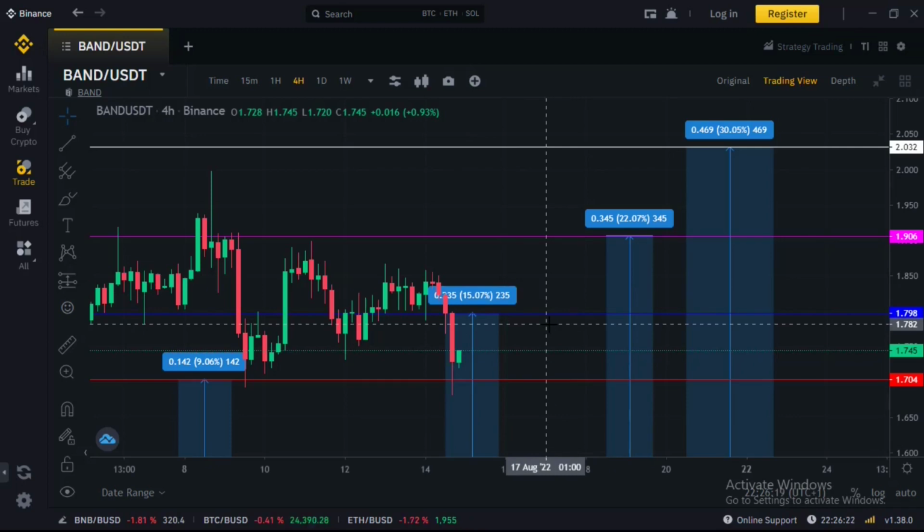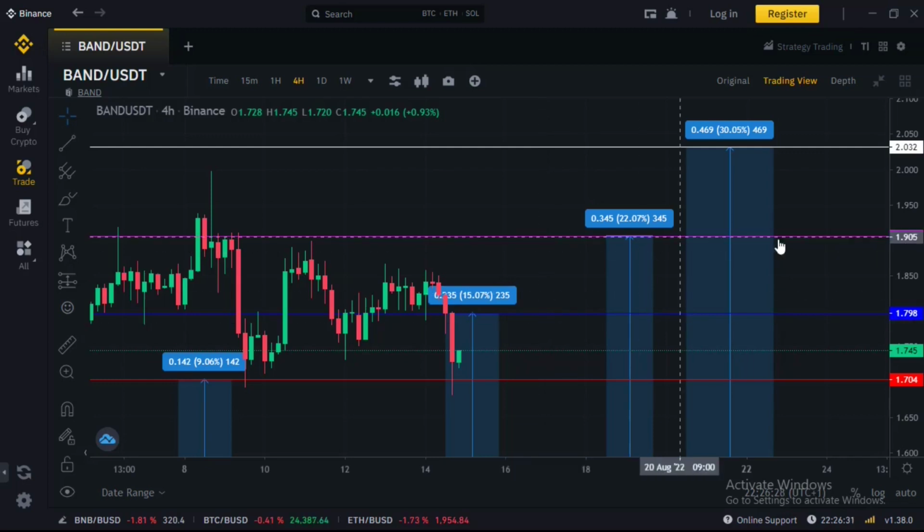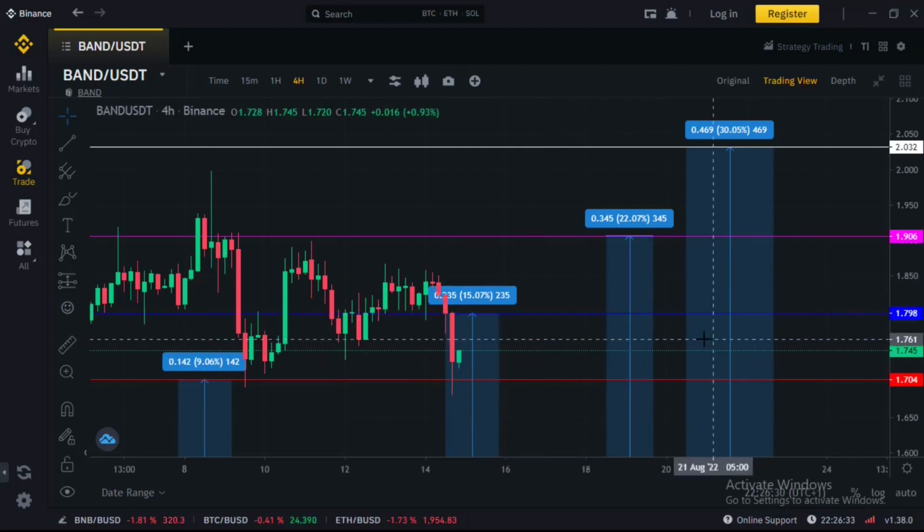You can always re-enter the trade if the current price action of the BAND USDT cryptocurrency pair regains momentum to bounce back up to the entry price.